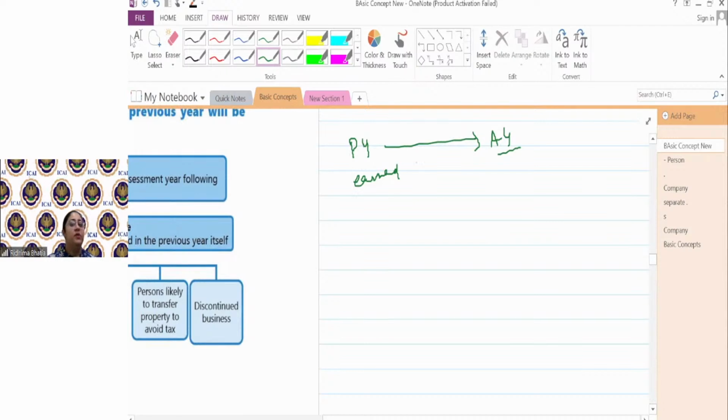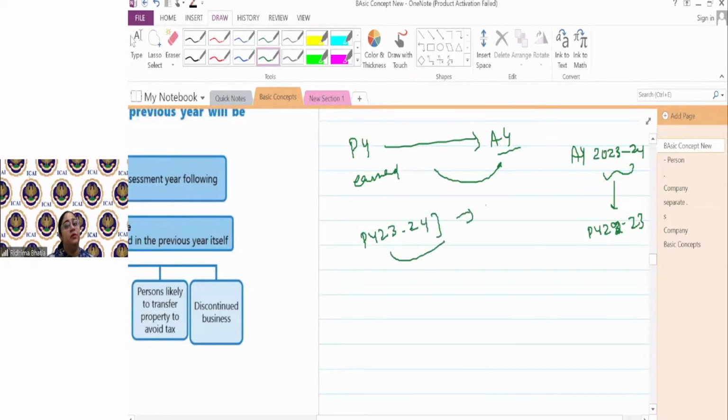Whatever you're earning in the previous year would be taxed in the assessment year. If I'm referring to assessment year 23-24, I am referring to the income earned in the previous year 22-23. If I'm referring to the previous year 23-24, I am referring to assessment year 24-25. That means whatever is earned in this period would be assessed in this period. For you all, for your exams, this particular previous year is applicable and hence this particular assessment year is applicable.